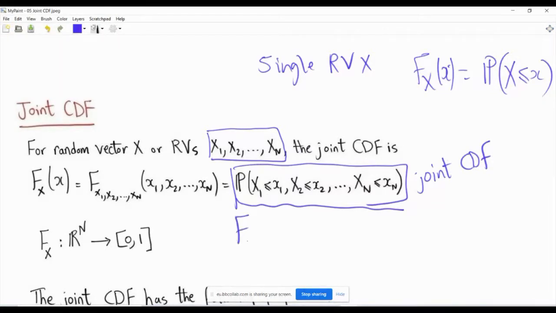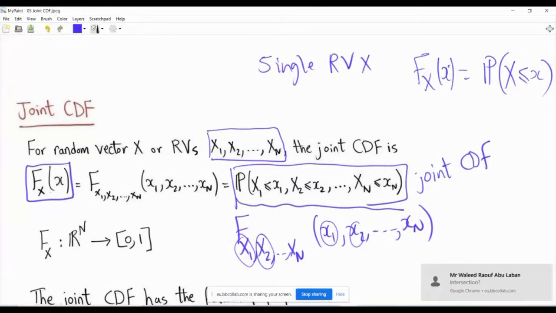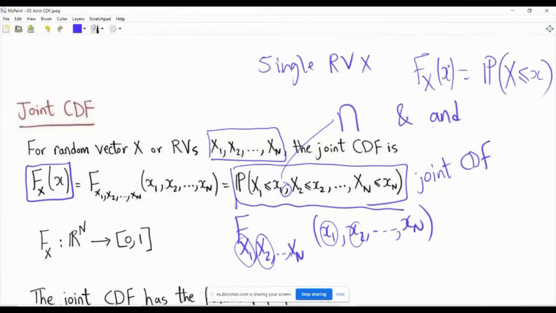Sometimes it's written with your random variables as a subscript, and here you have x1, x2 up to xn, and so you ask what is the probability that this one is less than x1, this one is less than x2, and so forth. Or you can write things in a compact way, but it is understood. Yes, this comma is intersection, or "and". Okay, very important. It's the probability that X1 is less than or equal to small x1 and X2 is less than or equal to small x2, and so forth.